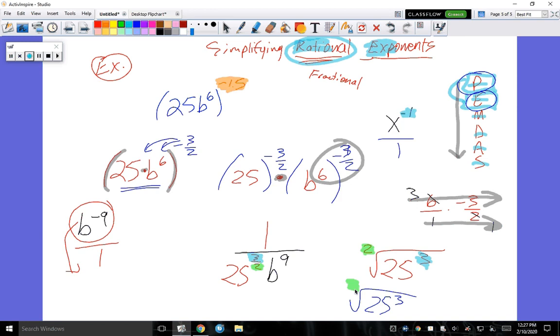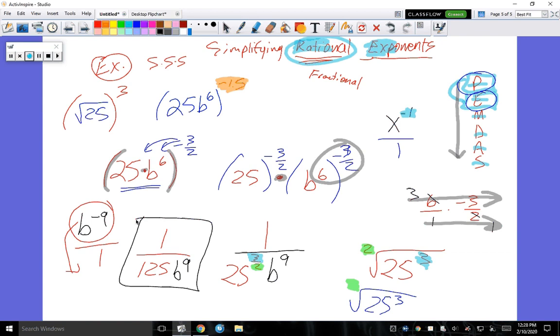Take 25, cube it, and then square root that big old huge number? Or is it easier to do the root first? So you're just splitting the fraction. Yep. And then cube whatever I got. This one's a lot easier, right? What's the square root of 25? 5. Cubed? 125. So this on the bottom is actually 125 b to the 9. That would be your reduced answer.